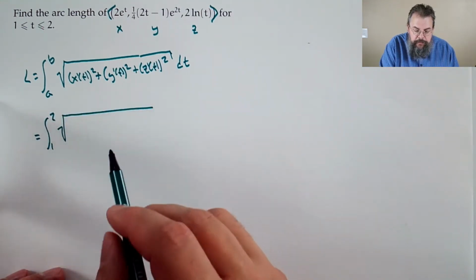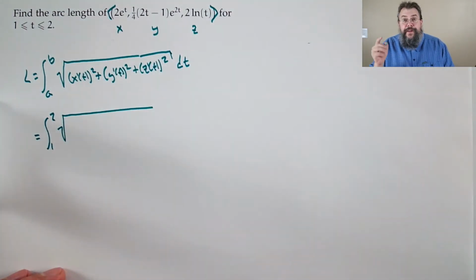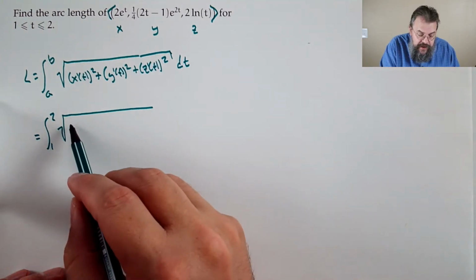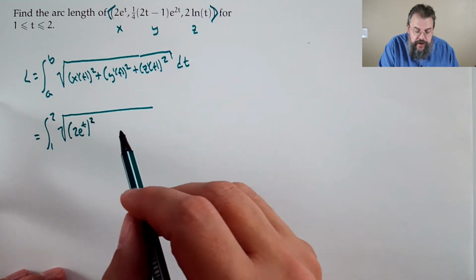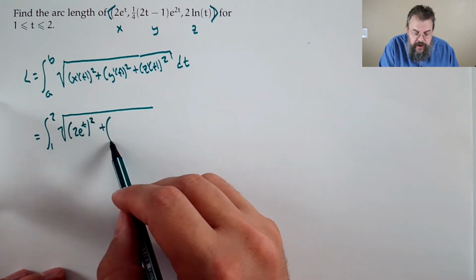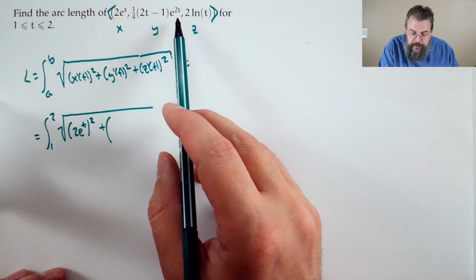Square root of, and now we're going to go through each term. Derivative of 2e^t, that one's easy: 2e^t, squared. Plus, okay, well this one we'll use a product rule, right? Because it's a function times a function.